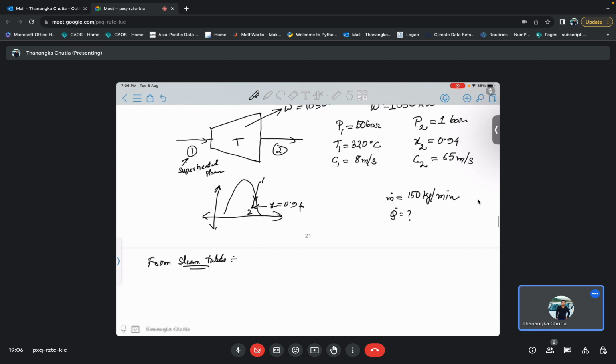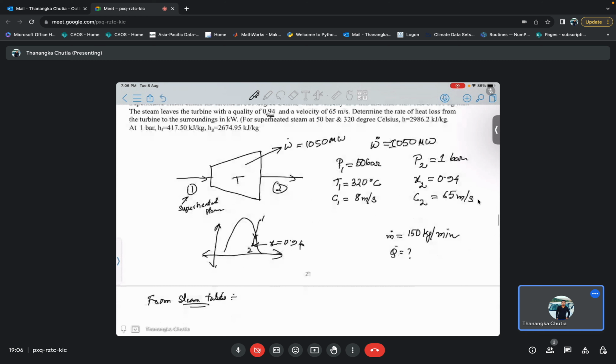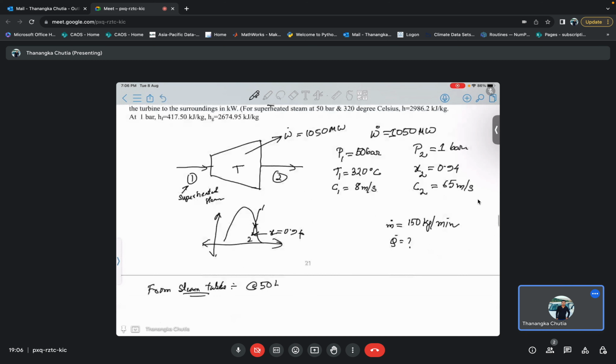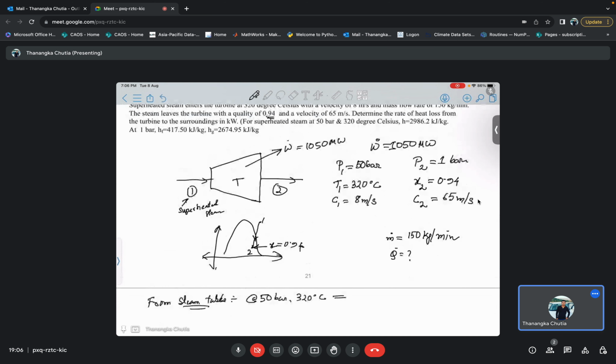At 50 bar, 320 degrees Celsius, what is given is H equals 2986.2 kilojoule per kg. That means this point corresponds to this one.